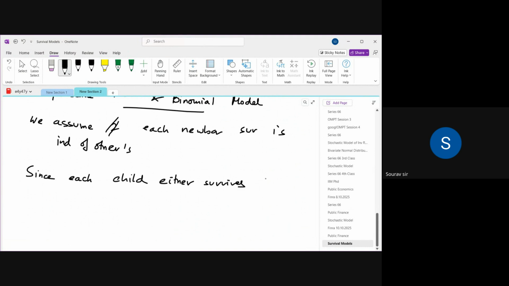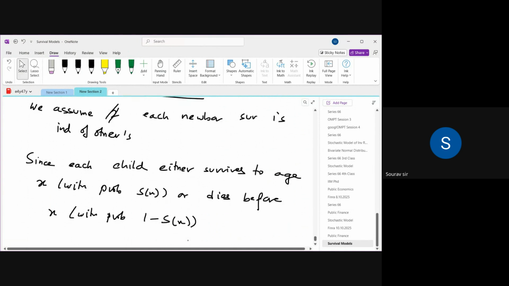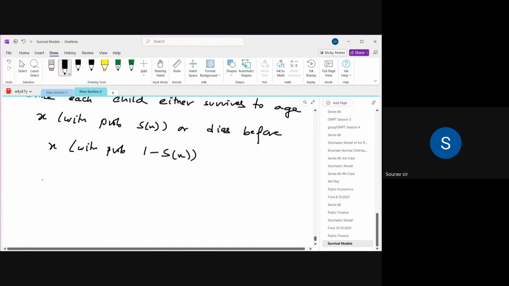either survives to age x, or dies before, with probability S(x). So here, binomial: L0, S(x).